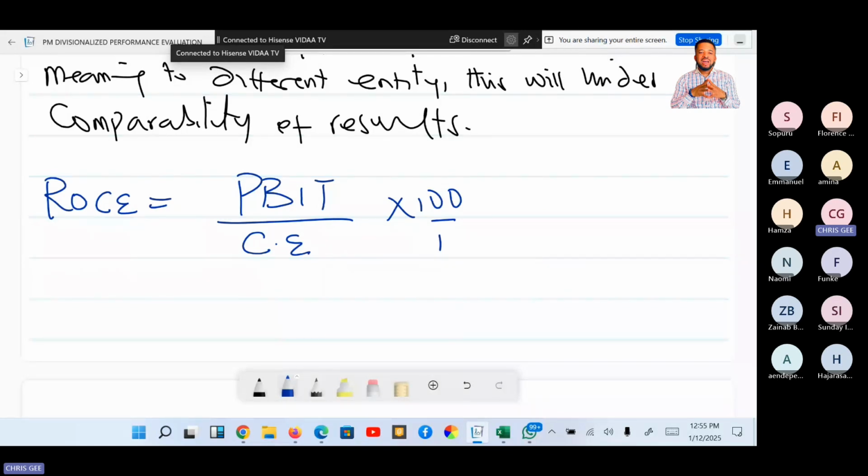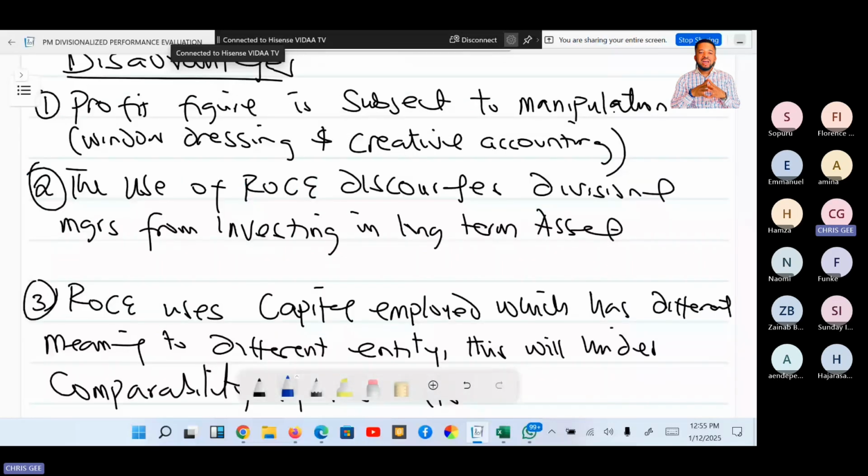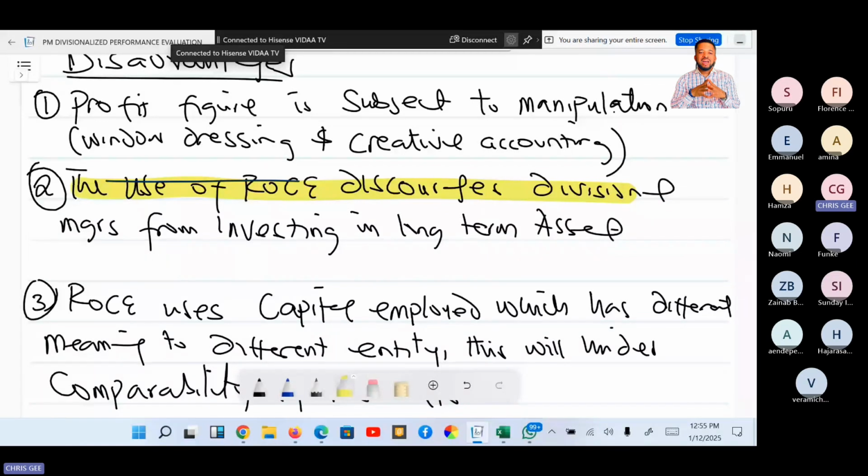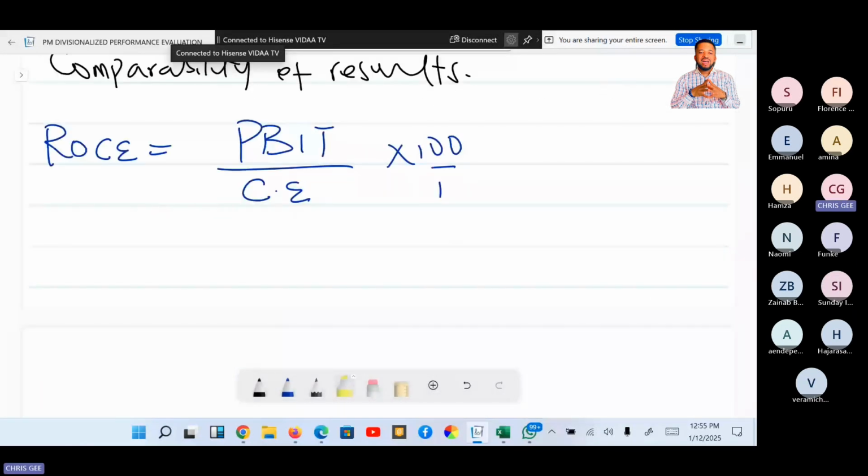Now look at this. We are saying that the use of RoCE discourages managers from investing in long-term assets. If I have companies A and B, and their profit before interest and tax, let's say they have the same size, is 500,000 and also 500,000.